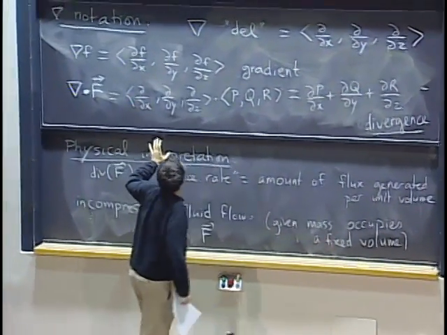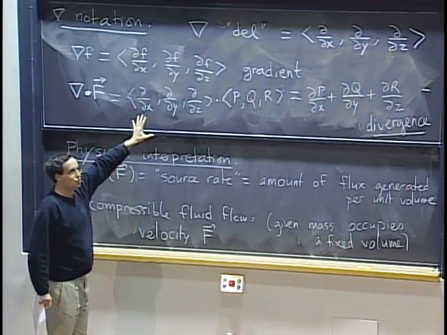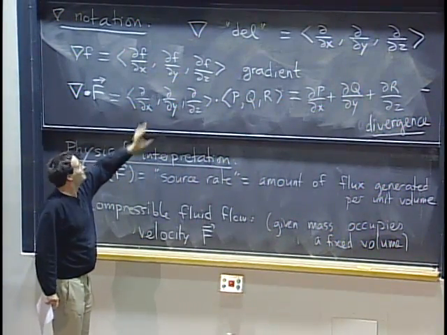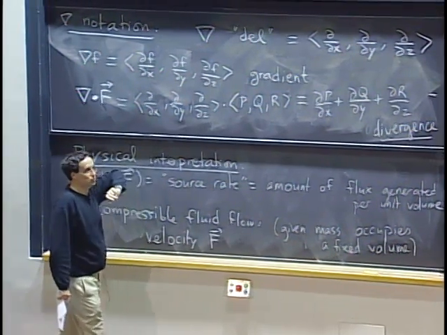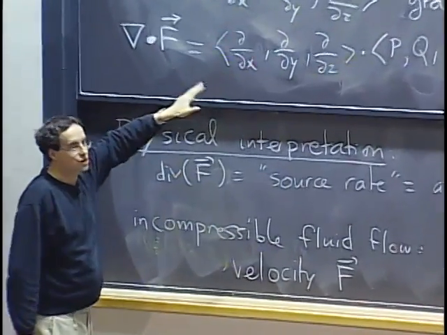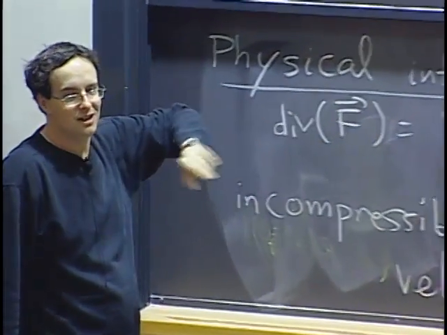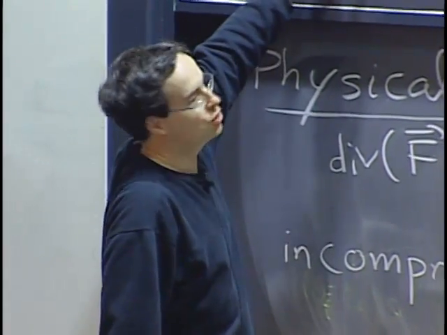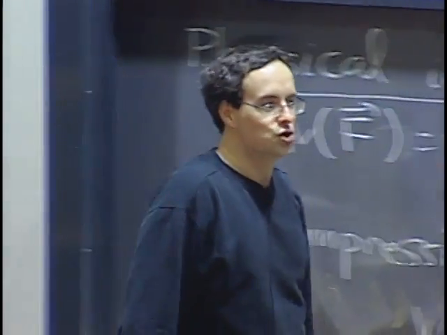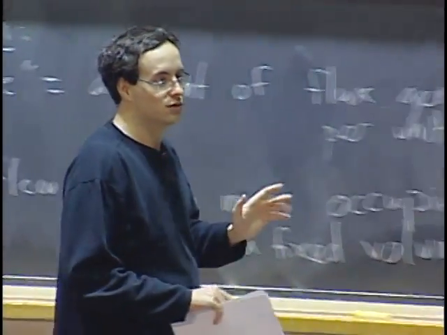So I should have said, with new notation comes new responsibility. Now that we have this nice nifty notation that will let us do gradient, divergence, and later curl in a unified way, if you choose to use it, you have to be really, really careful what you put after it. Otherwise, it's easy to get completely confused.